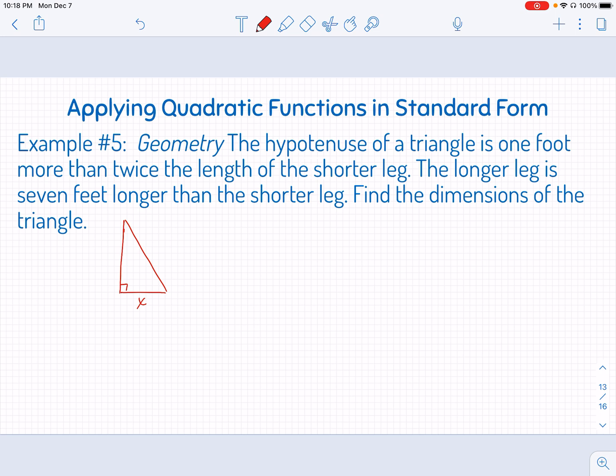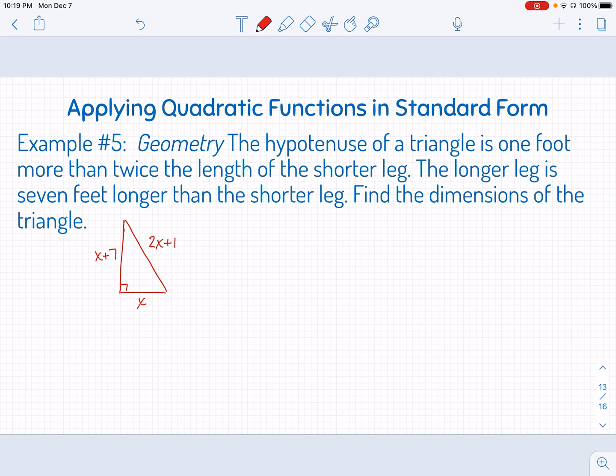And it says the hypotenuse, that's this side, right? The hypotenuse is 1 foot more than twice the length of the shorter side. The longer leg is 7 feet longer than the shorter side.